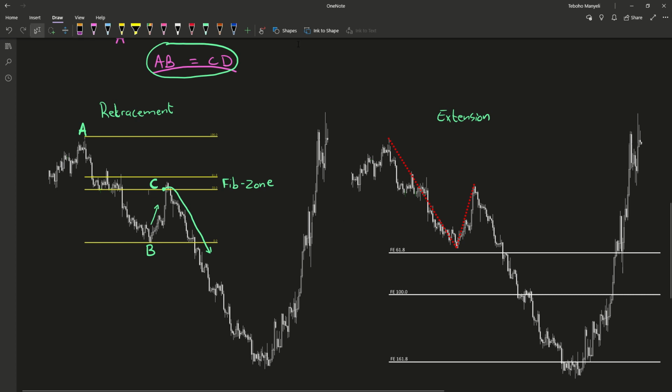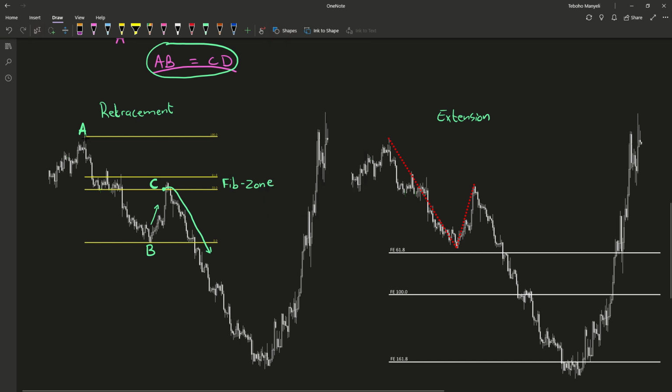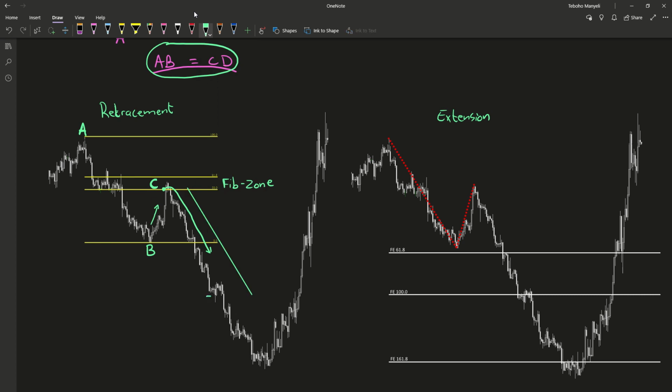So let's draw it in here. Let's go to shapes. The distance from A is up here all the way to point B, which is down there. So if you drag this line from point C, so C happened at the 50 area, you realize immediately that point D would have happened right over here.